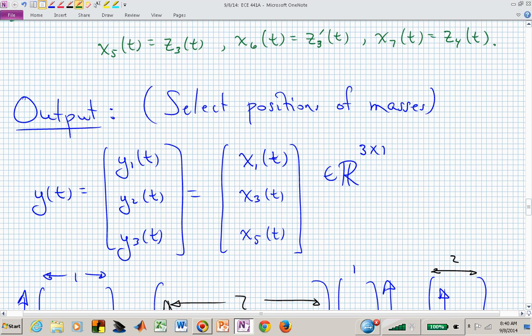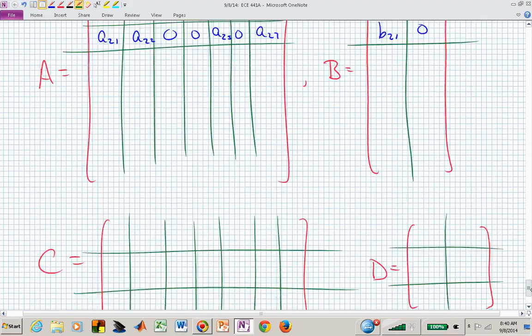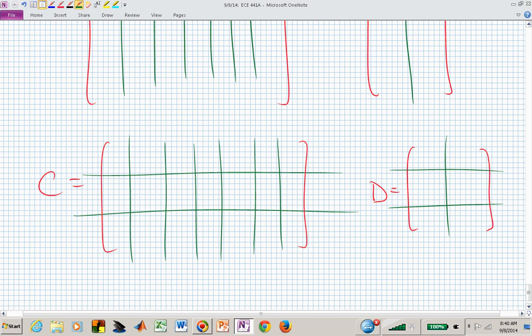When we multiply everything out, CX plus DU, those matrix products need to result in ending up with an X1 by itself. Now I ask you, what's in the top row of the output matrix?